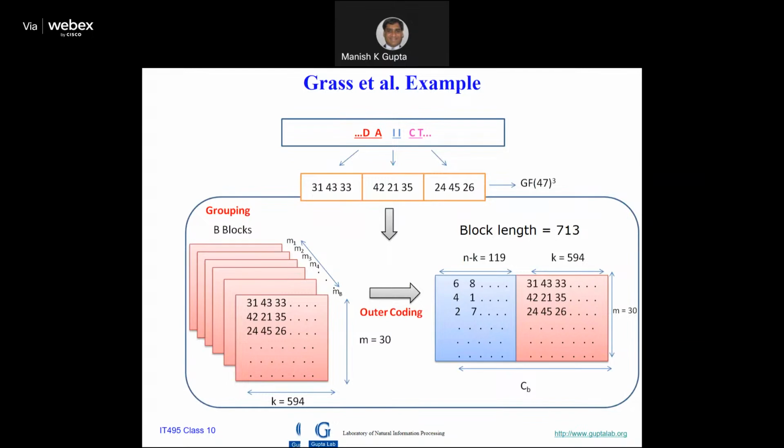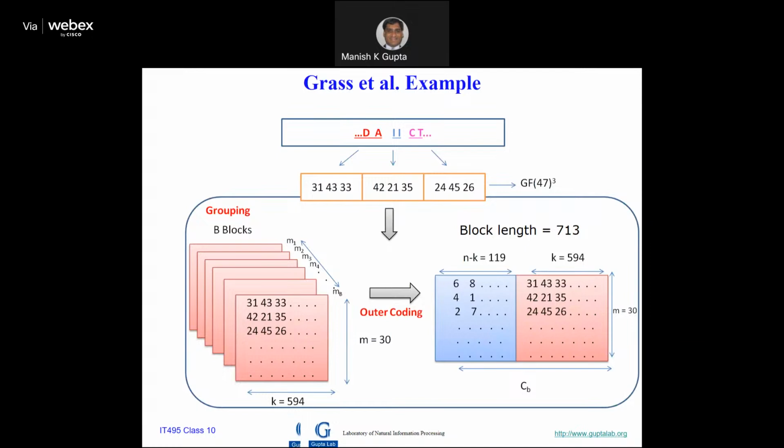You take K bits and use a Reed-Solomon code which takes K bits and makes it 713 bits. The whole length is now 713, so you are adding these 119 extra bits. K bits are converted into N bits. That's what coding does. K bits are converted into N bits using Reed-Solomon code this time.